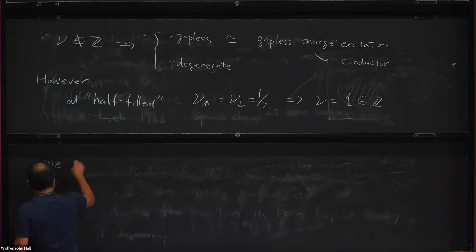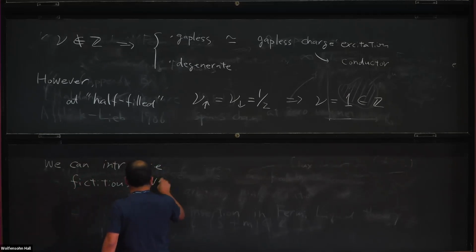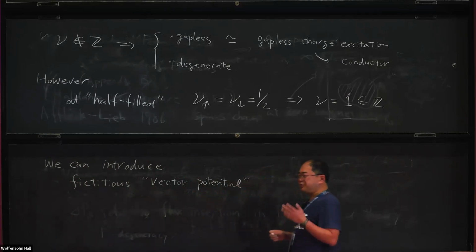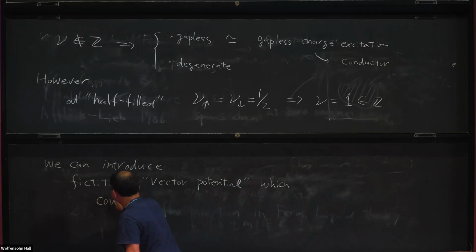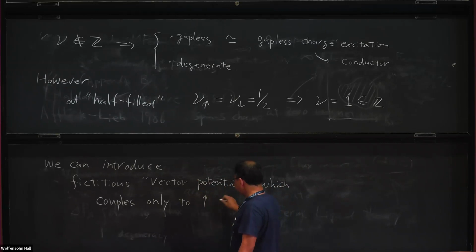So we can introduce a fictitious vector potential which only couples to upspin electrons. Of course, you can introduce a vector potential which couples only to downspin electrons, but let's take upspin electrons.